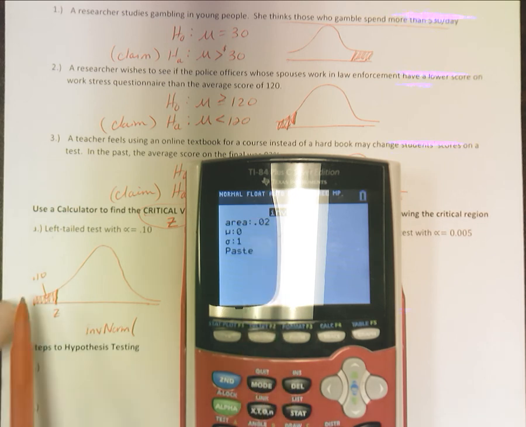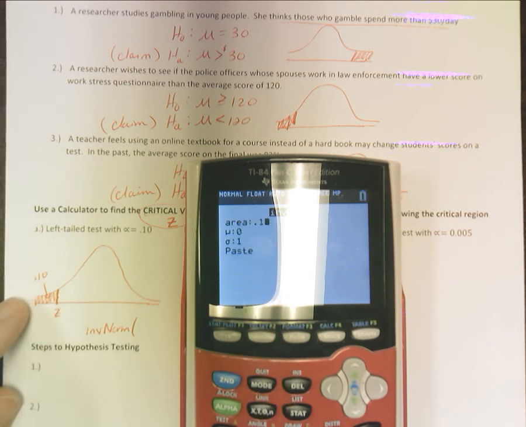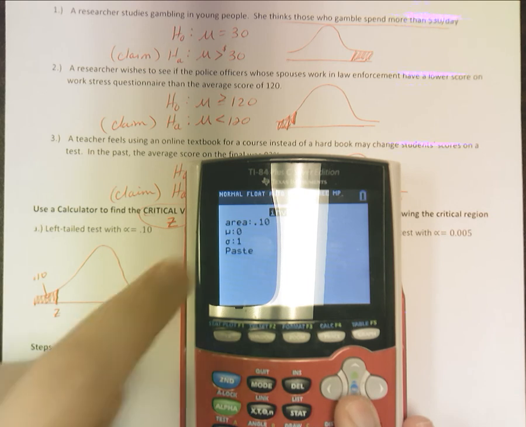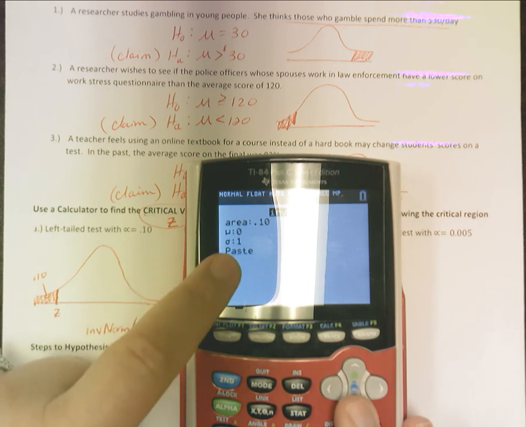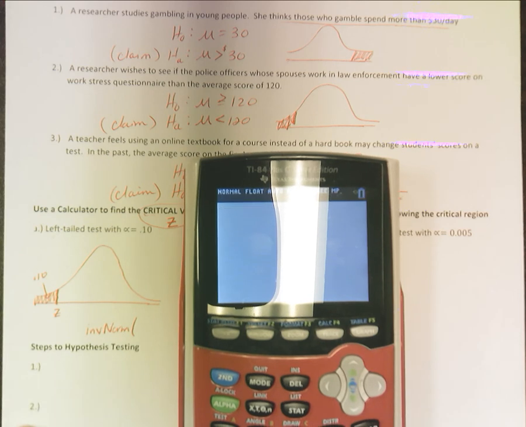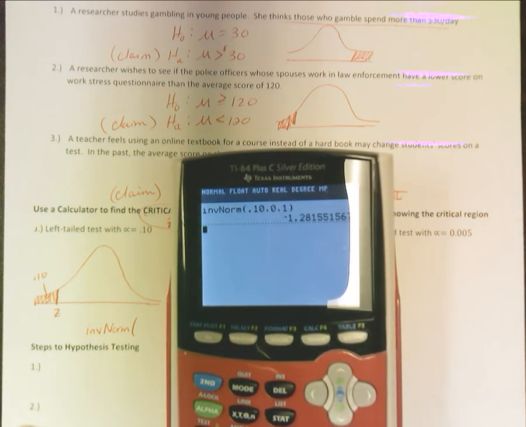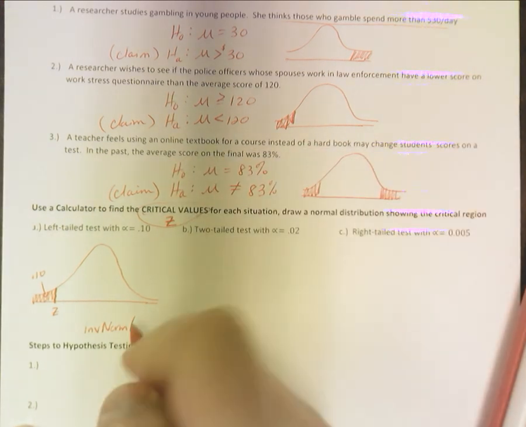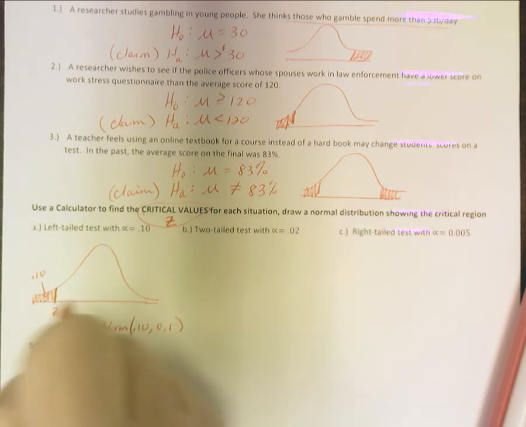So our area that we're concerned about on the left is 10%. Keep your mu at 0, your standard deviation at 1, and negative 1.28. So 0.1001, just so you remember. But the Z is the critical value I'm concerned about, negative 1.28.